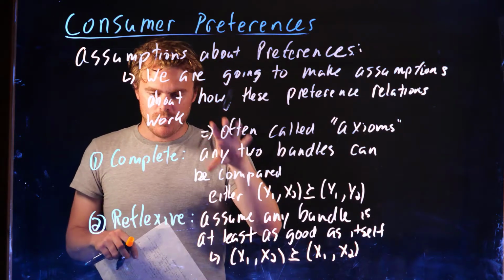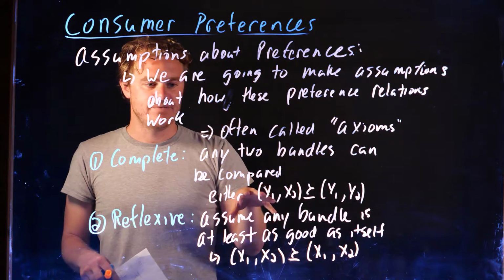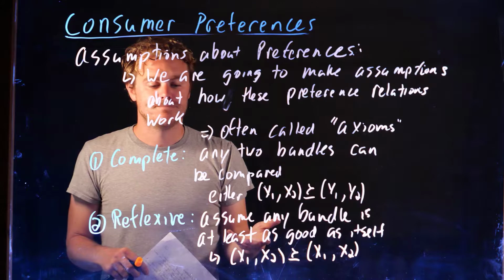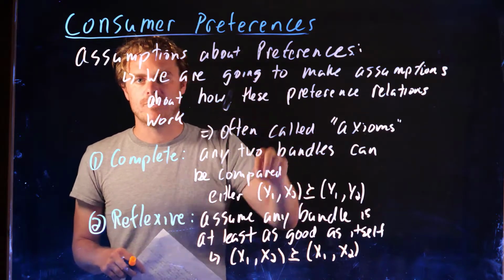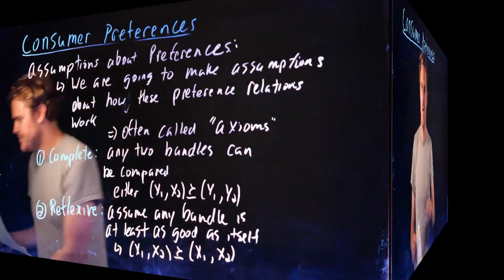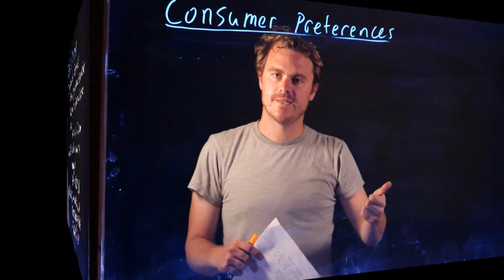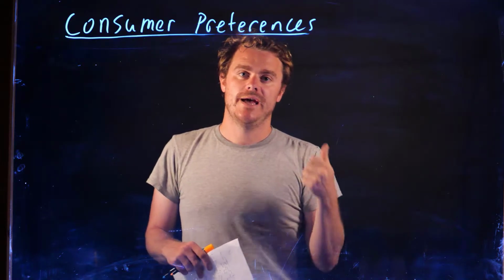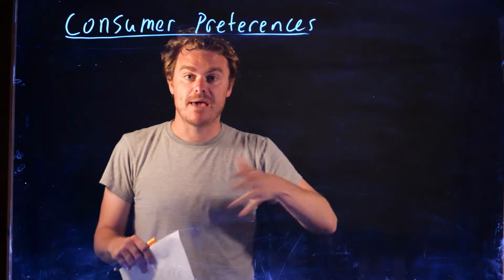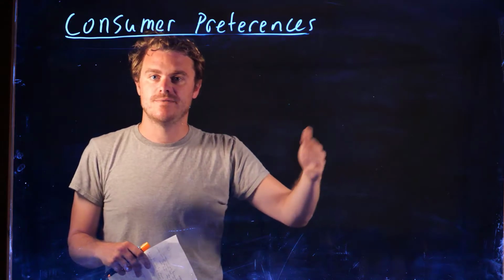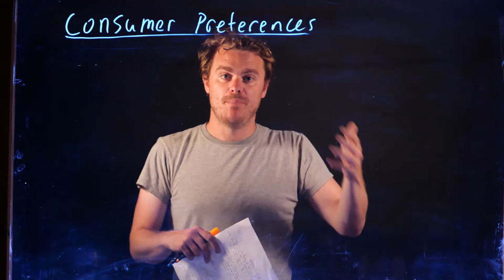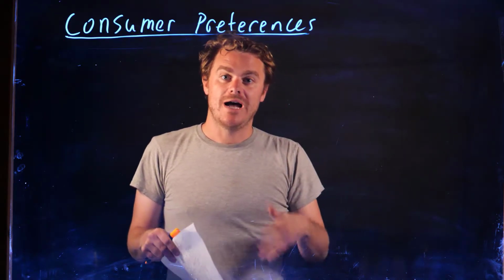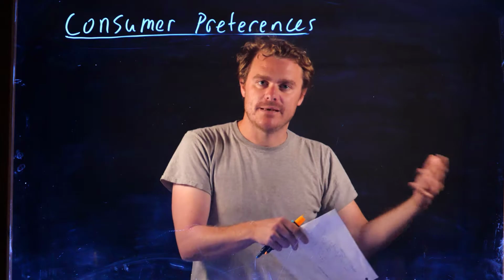Okay, then we're going to talk about one more assumption, which is transitivity. And maybe this is a little bit more problematic. So let's erase this and talk about that third assumption. We just discussed that preferences are assumed to be complete, in that we can compare any two bundles, and reflexive, in the sense that a bundle must be at least as good as another bundle with the exact same amount of goods.